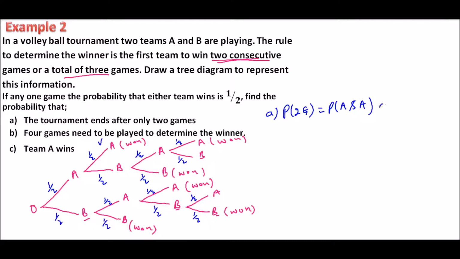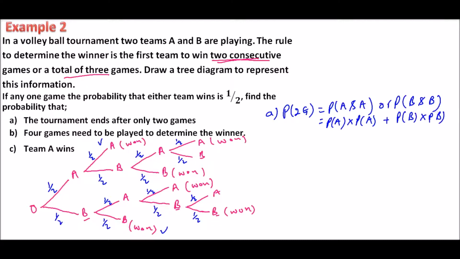Or we can have the probability of B winning, this part here, B winning and B winning. So here we can write probability of A multiplied by probability of A plus probability of B multiplied by probability of B.